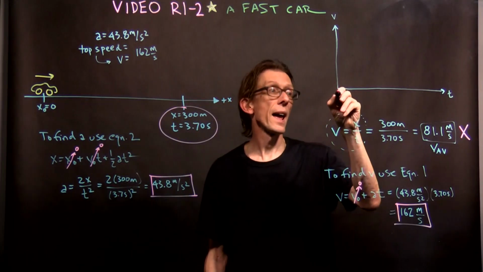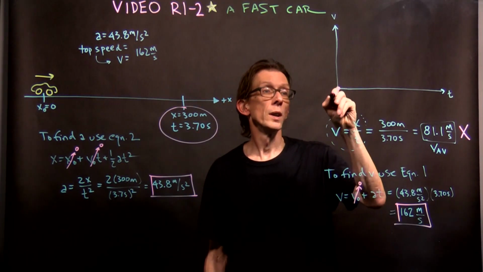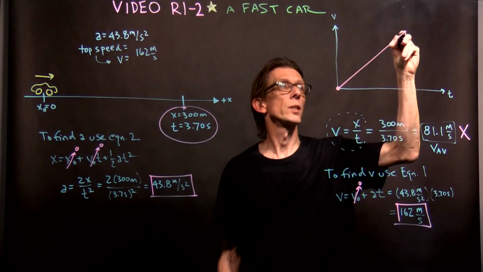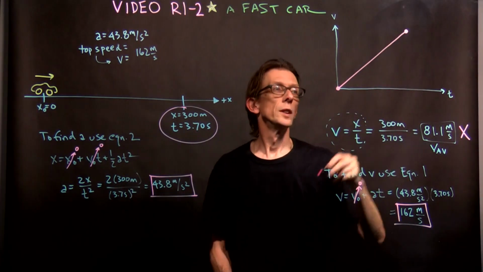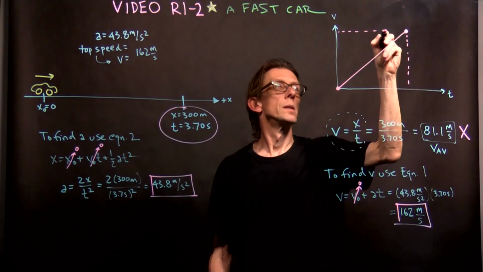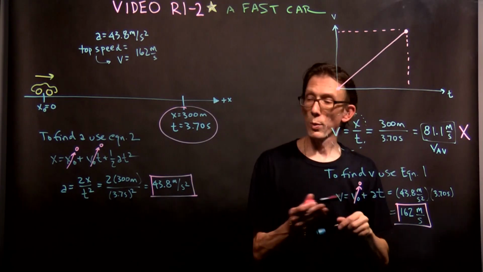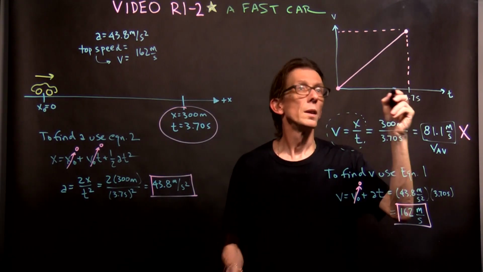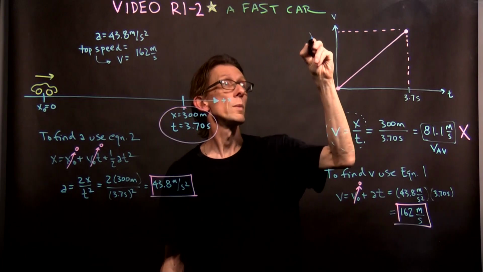You start off at time t equals 0, at no speed. The velocity increases at a constant rate. So that when you get to 3.7 seconds, you are moving at 162 meters per second.